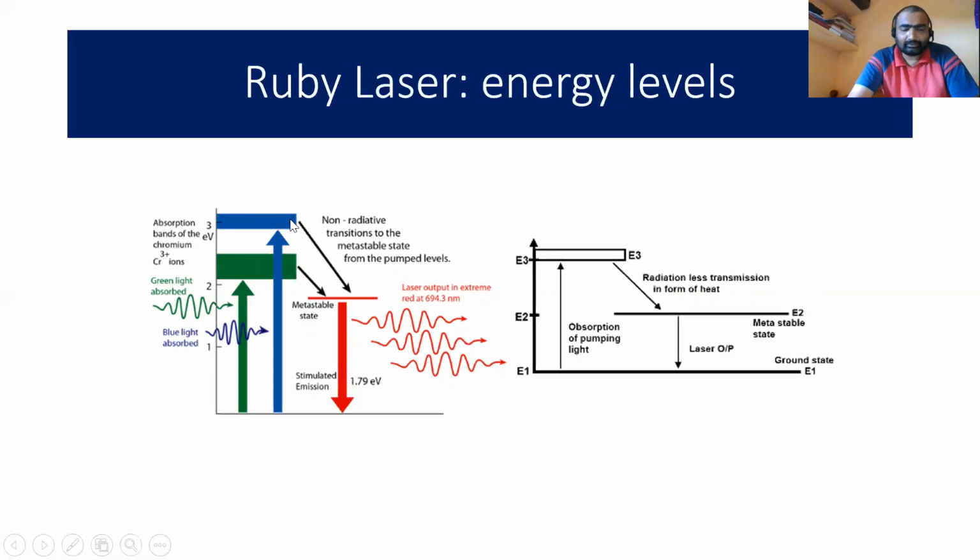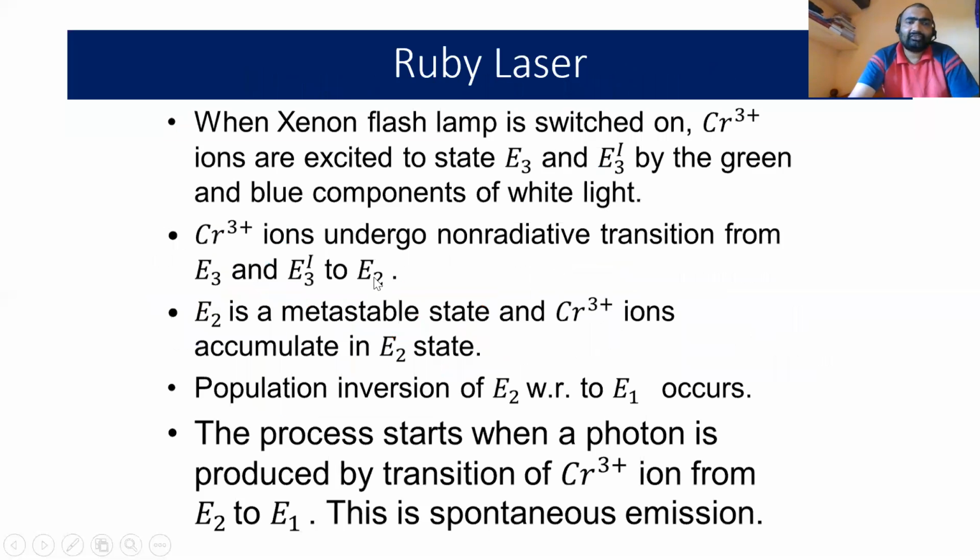So the chromium ion which absorbs a blue photon rises to E3 dash and non-radiatively comes down to E2. Similarly, the chromium ion which absorbs the green photon rises to E3 energy level, and it also falls down to the E2 state by non-radiative transition, with no emission of light.